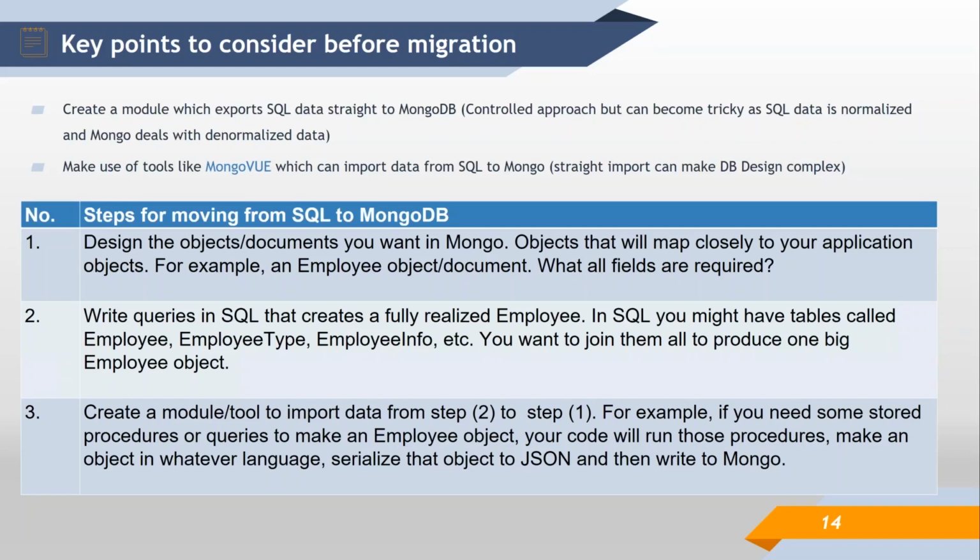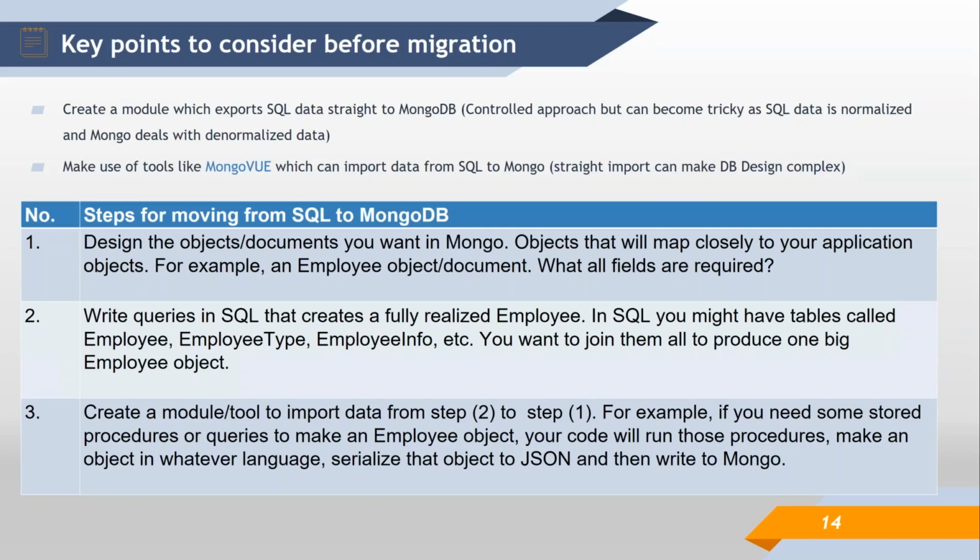In the second step, in SQL we will have multiple data tables, I would say, like employee table, employee info, employee type, and so on. We'll have multiple tables because we have normalized them, and whenever we need something, we write a good query to get all that information, combine it, and pass it to the application, or display it whenever the user requests it.